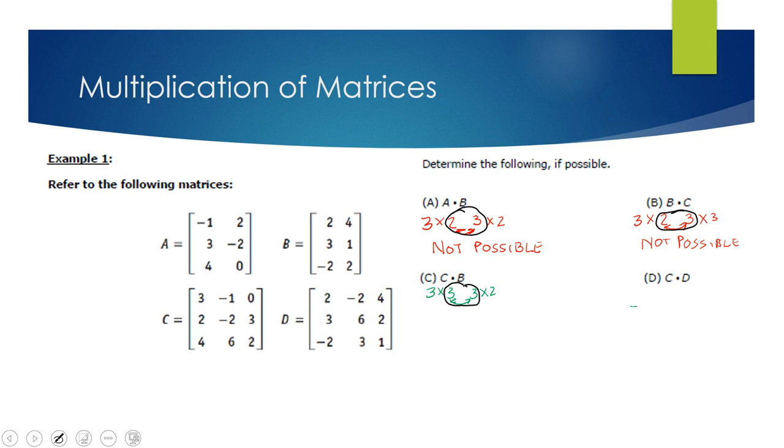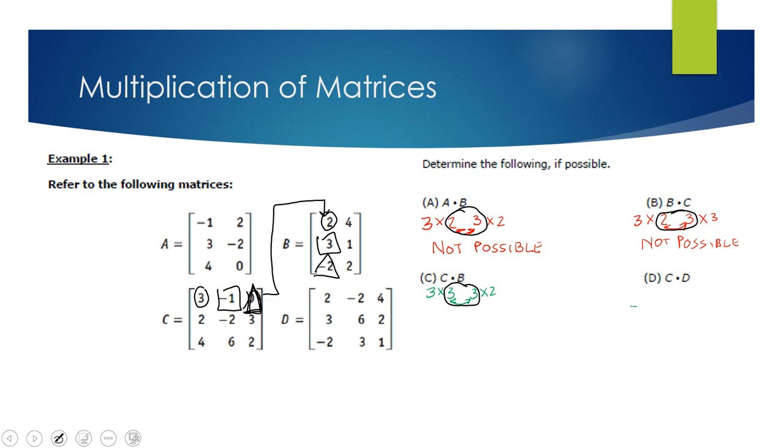When I put them in the same order, C times B, I'm going to start with this, and I'm going to basically take this row and multiply it to this column. So this one and this one get multiplied, this one and this one get multiplied, this one, the triangle, and this one get multiplied. And that's going to make up one term.